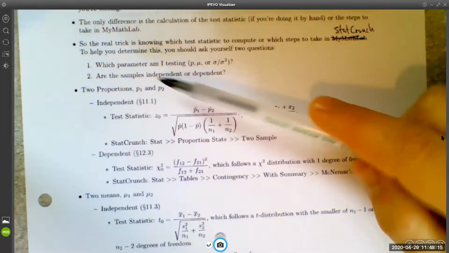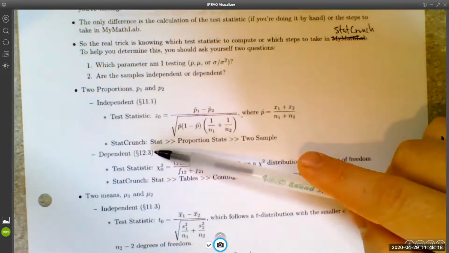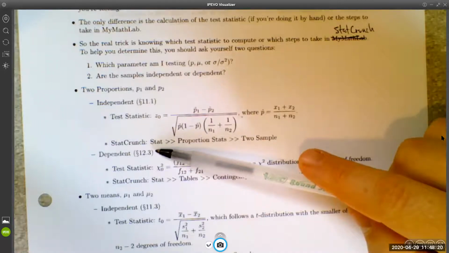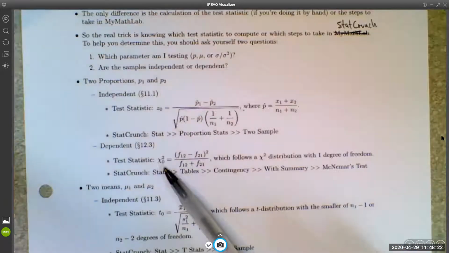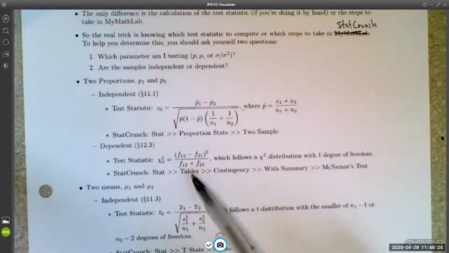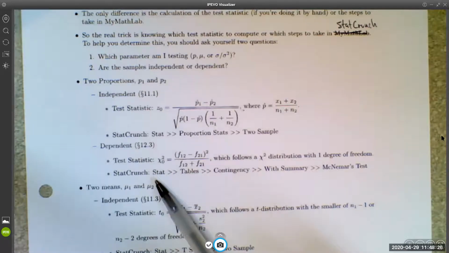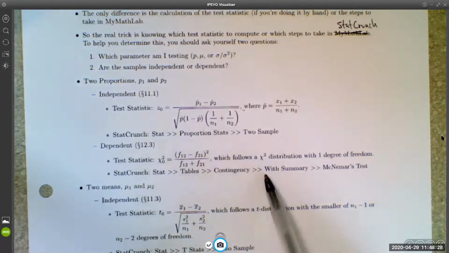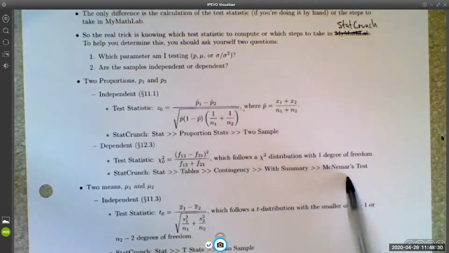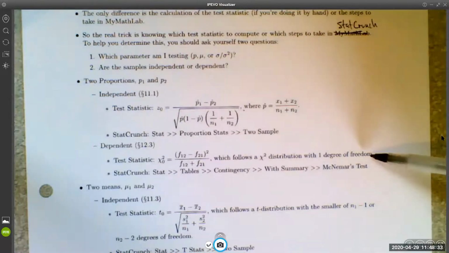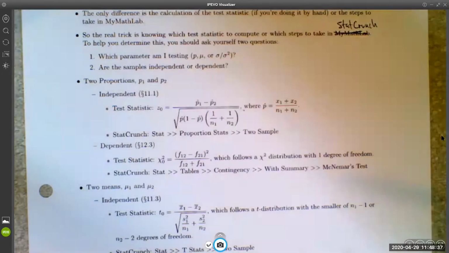If you're testing 2 proportions and the samples are dependent, that was the topic of 12.3. This is the test statistic you would compute, and this is where you would go in StatCrunch. You go Stat, Tables, Contingency, With Summary, and then you run McNemar's test. That's the strange one. Of all of the tests that we've talked about in this chapter, this is definitely the outlier.